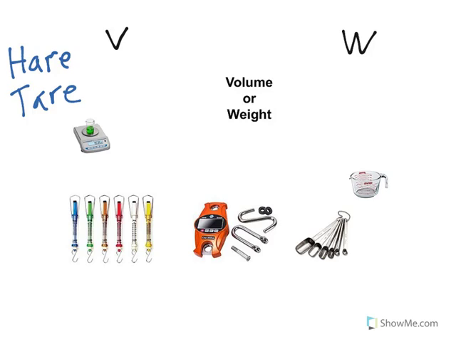If you're measuring the volume of something, the volume is the quantity in a three-dimensional space. This could be like a cup or a teaspoon. A lot of times, volume measurements describe the vessel that it's in. So one teaspoon, a cup.